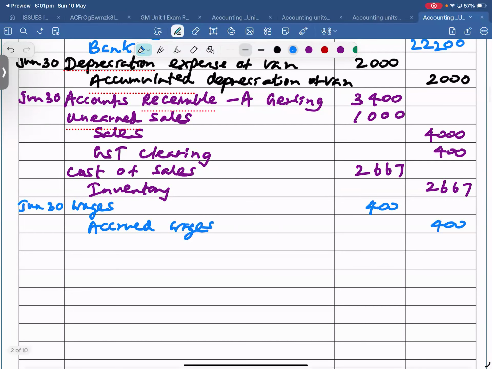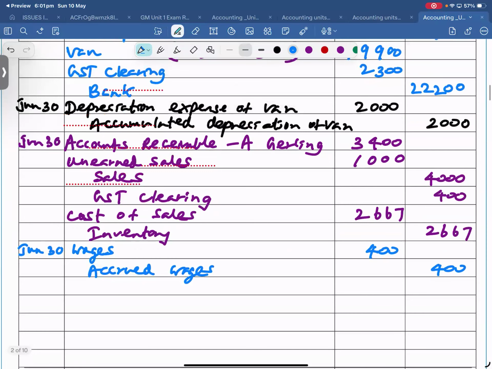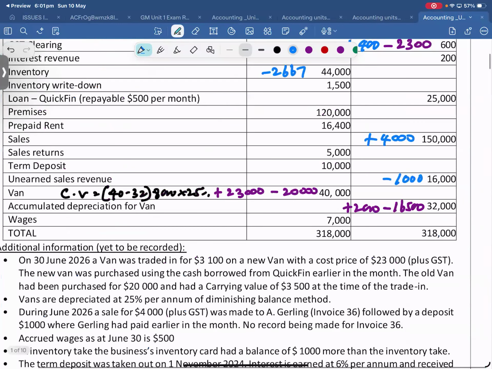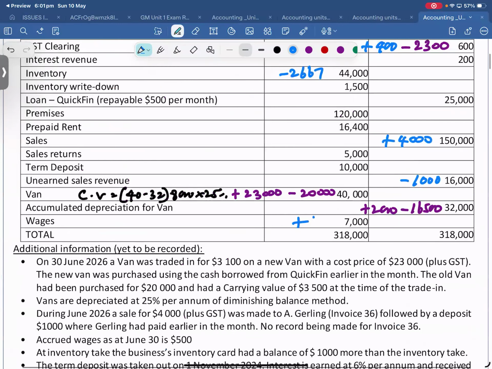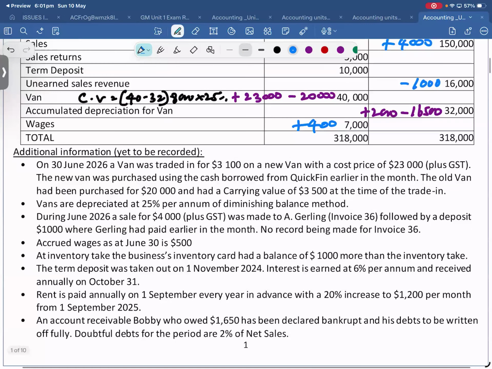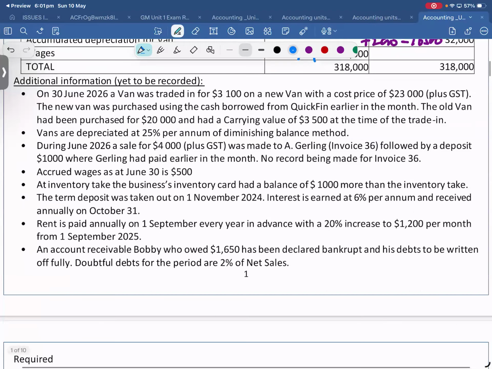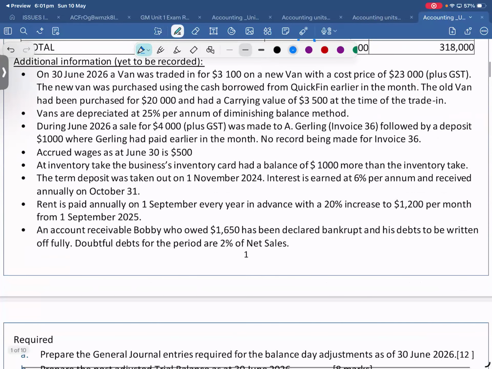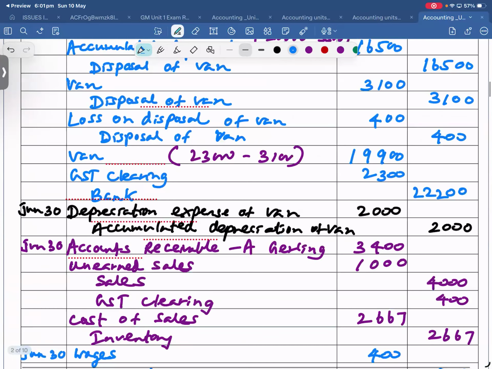So wages go there, plus 400 wages. And then accrued wages. Then shall we update the rest?